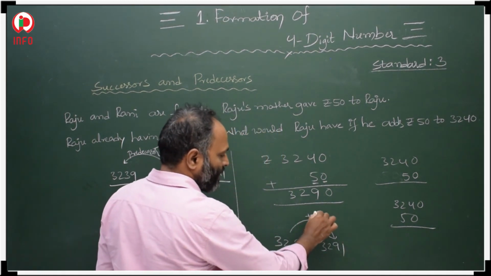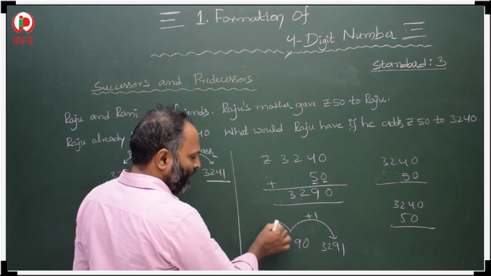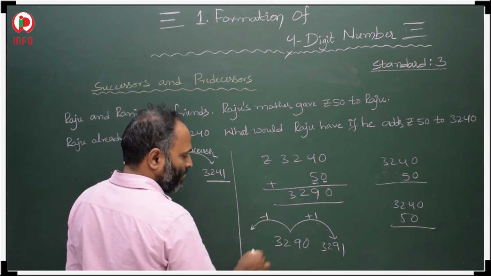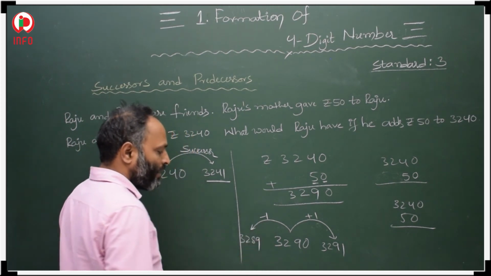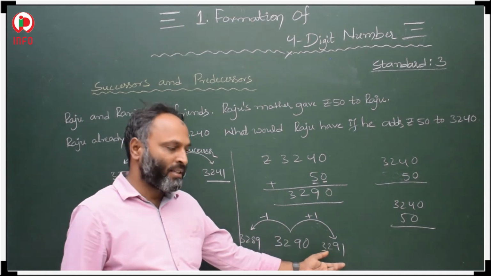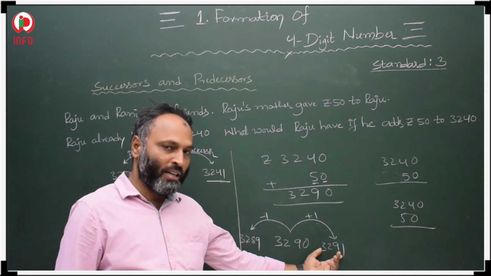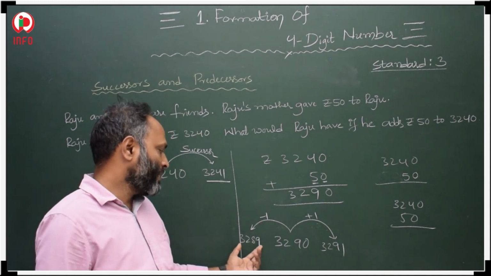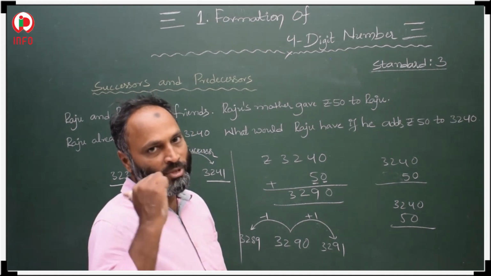If we add 1, we get the successor. If we subtract 1, we get the predecessor, 3,289. So the successor of 3,290 is 3,291 and the predecessor is 3,289. Successor means the very next number, predecessor means the number before.